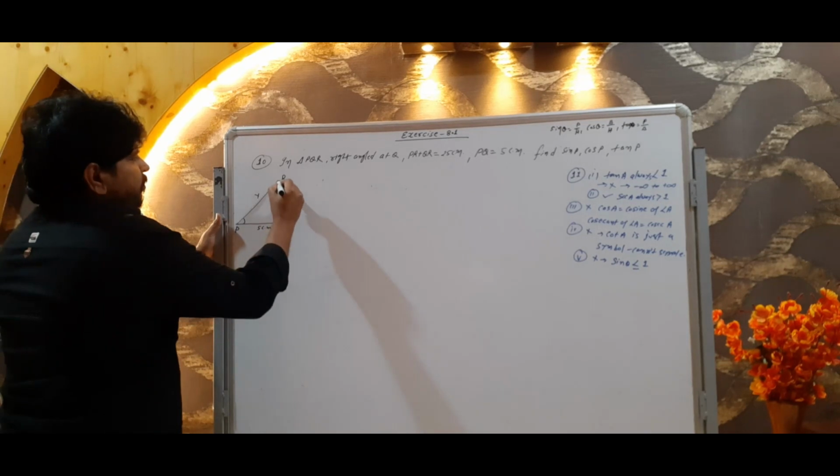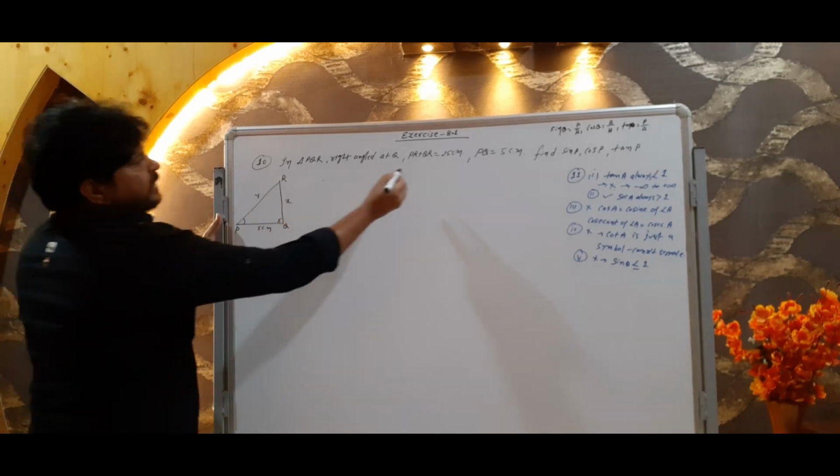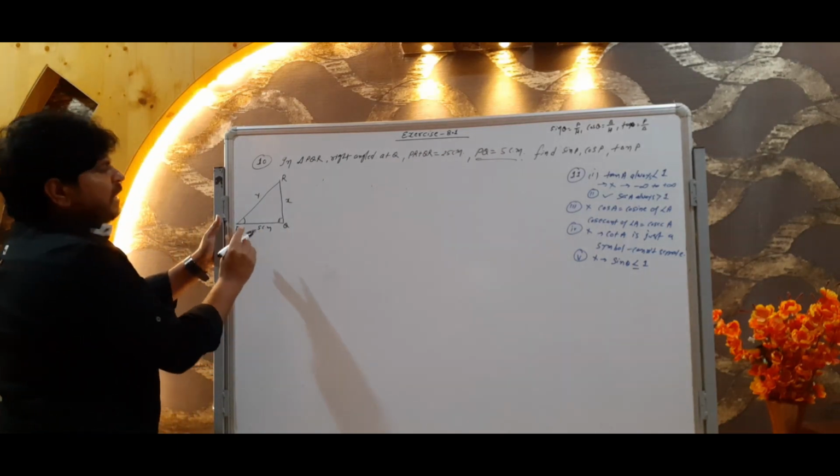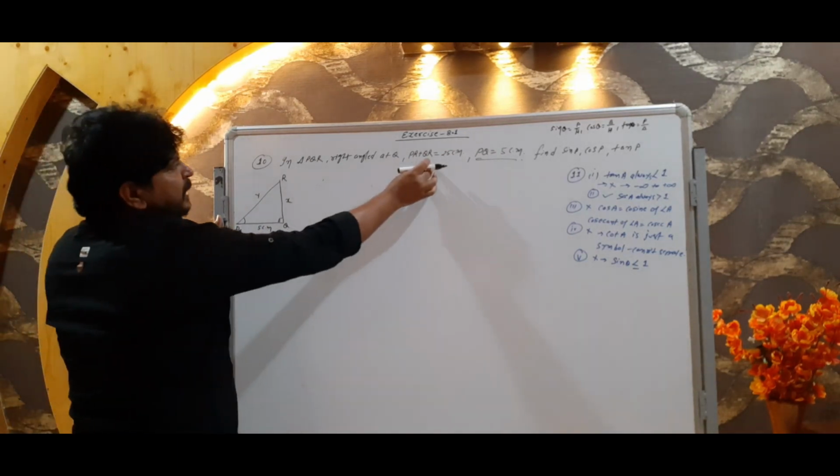Here PQ is given already 5 centimeter, that I have written here 5 centimeter, as well as one relation is given: PR plus QR.